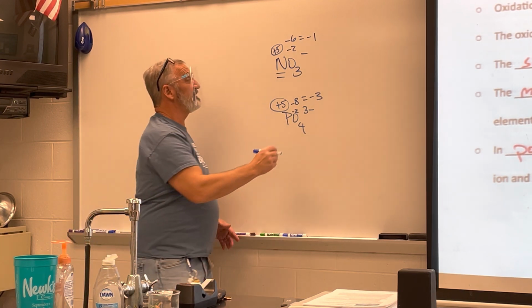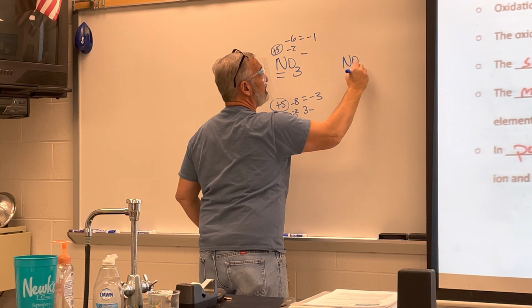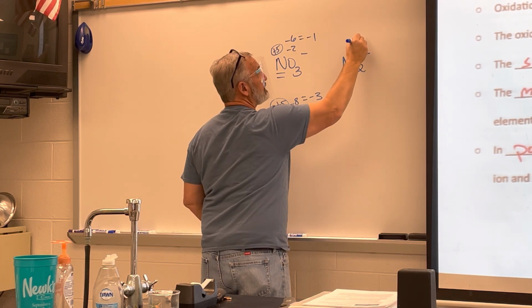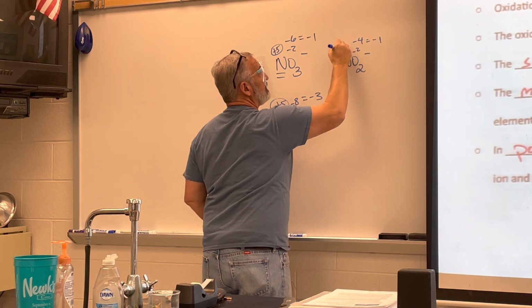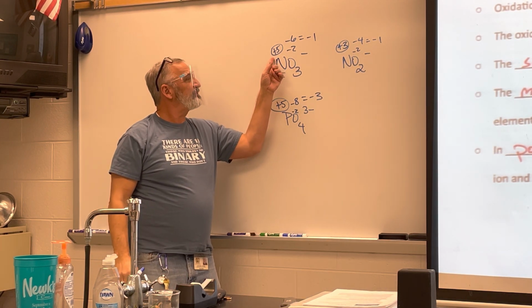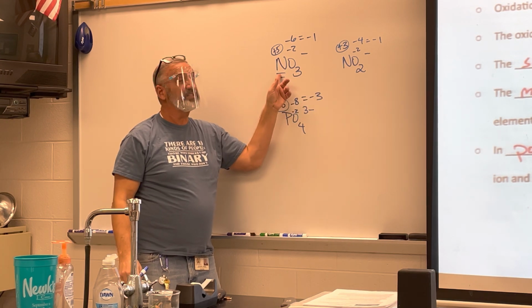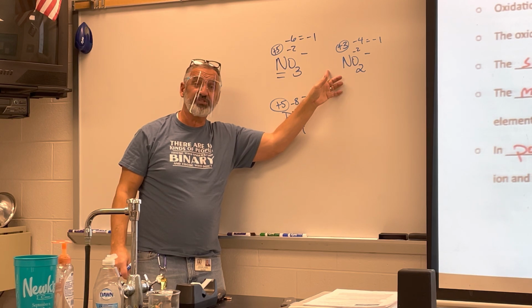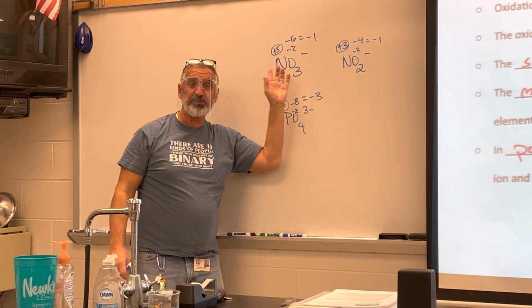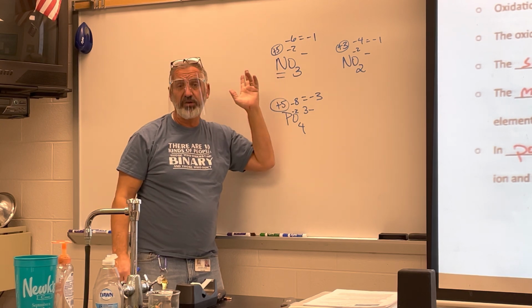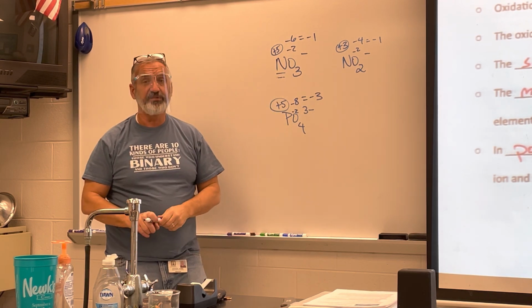For nitrogen, not necessarily, because if it's NO2 minus, nitrite, which is real common, it's going to be -2, -4, so nitrogen is +3. Nitrogen is +3 or +5, the higher oxidation state gets the "ate" suffix, the lower oxidation state gets the "ite." That's where the "ate" and "ite" come from. "Ate" is always the higher oxidation state. You don't have to know that, but it's just a freebie for you.